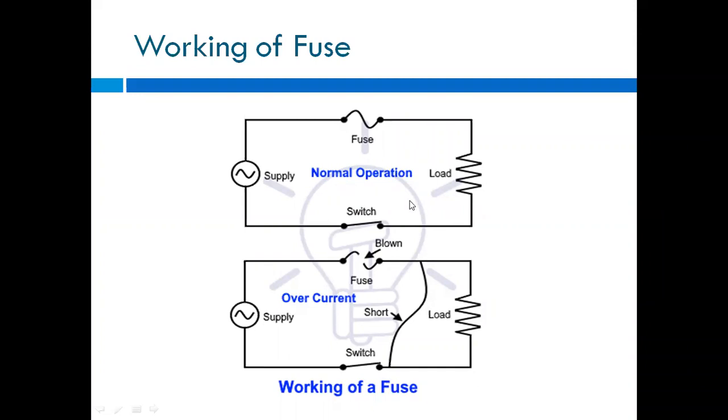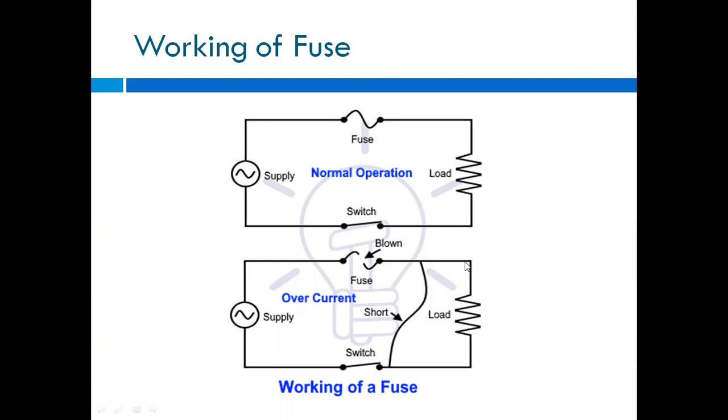if there is a normal working condition, meaning the normal current is flowing through the circuit, these two terminals are connected to each other, meaning the fuse element, or we can say the wire, is as it is, when we are supplying to the load.